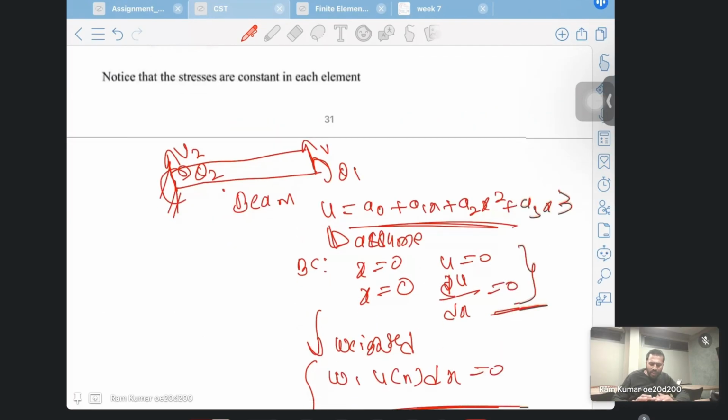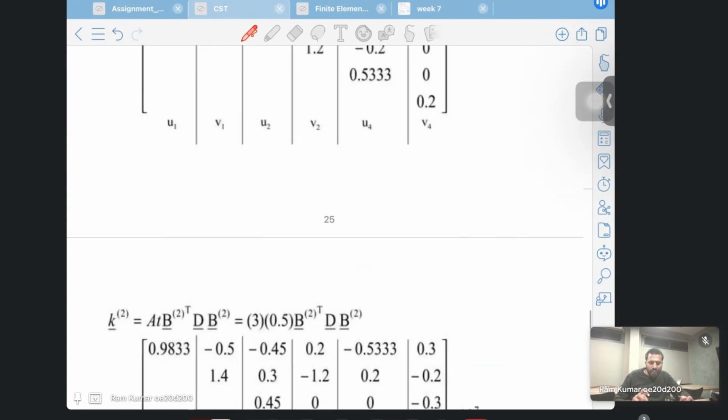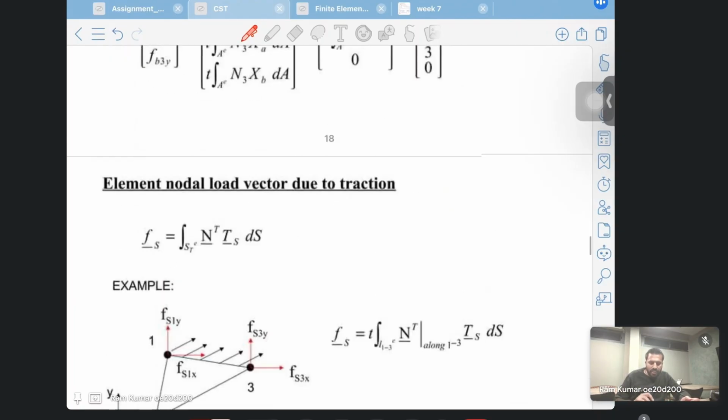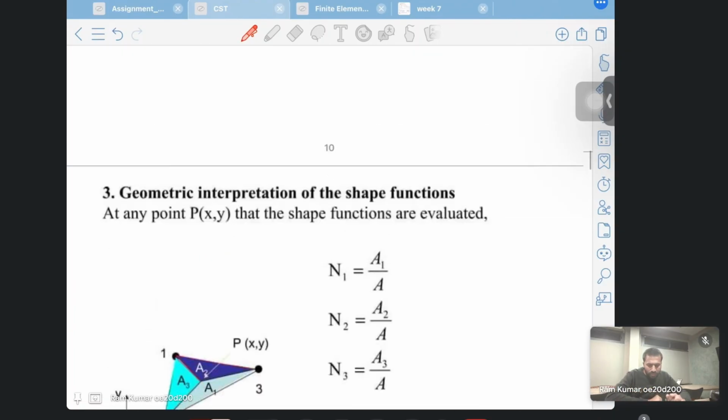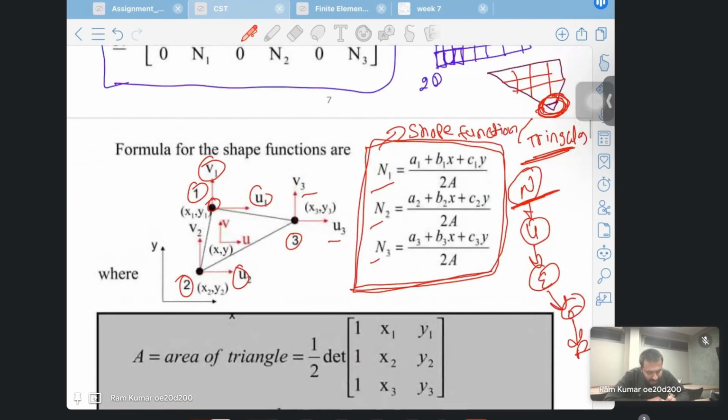According to this course requirement, we don't have to go through that long derivation. We have to remember some critical important things, like what the shape function is for a triangular element and what it is for a beam element. So I think you got it.